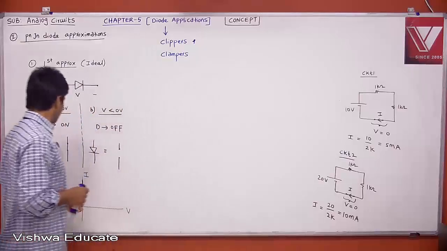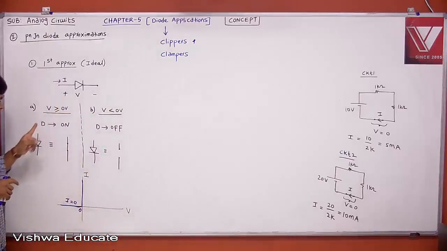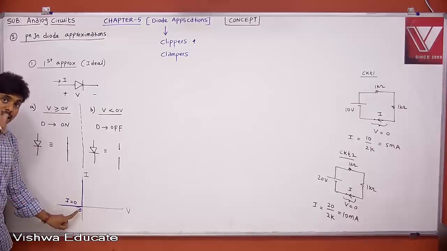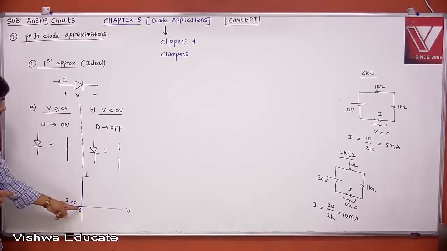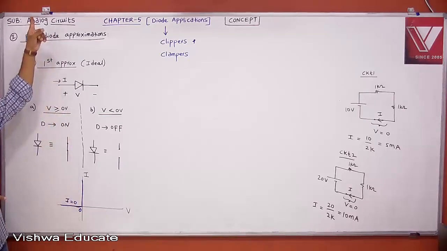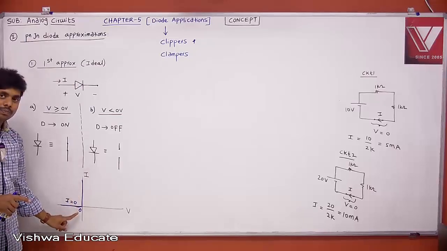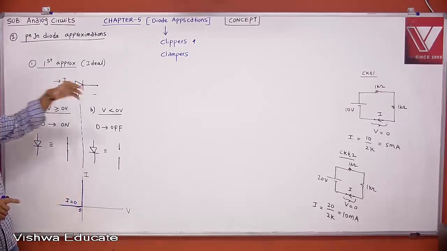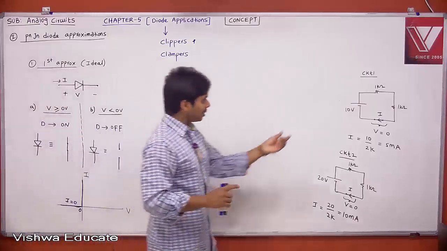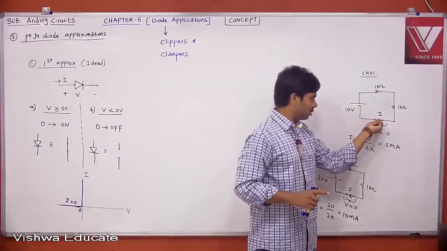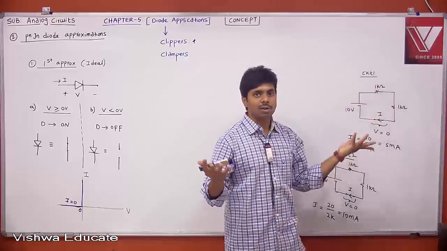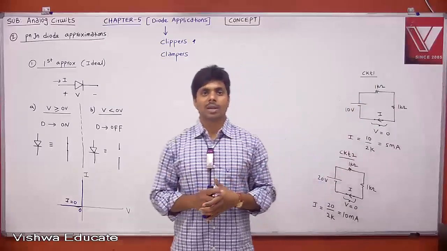Similarly, the moment the PN junction diode is on, it is a short circuit, the voltage is 0, but it can support any current from 0 to infinity. For the voltage of 0, that current is dictated by the loop where the diode is in the loop. For example, the diode is on at 0, but the current is dictated by the loop parameters: voltage source, resistor, all there along with the PN junction diode.